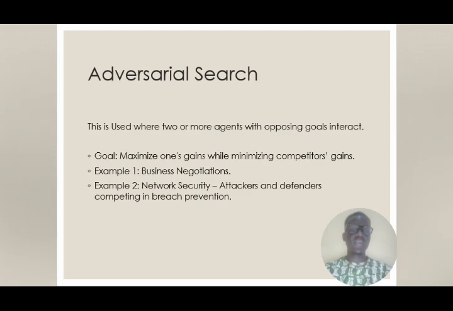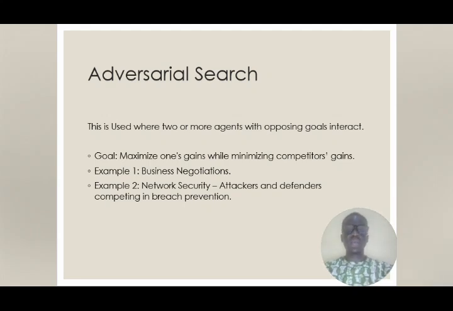Now we have adversarial search. This one is used when two or more agents with opposing goals interact. This one is interesting because there are two agents involved and they have opposing goals. One wants to outsmart the other, and the other also wants to outsmart the first. The goal of this search is to maximize one's gain without minimizing the competitor's gains.